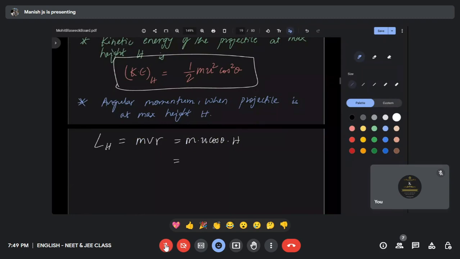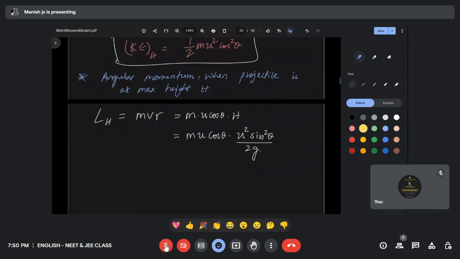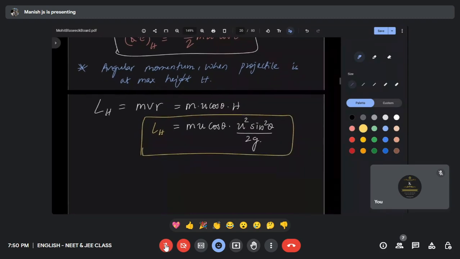So I'm going to substitute the values. I will get mu cos theta times the maximum height formula, which we just wrote as u squared sine squared theta upon 2g. So this is the complete formula for angular momentum at a height h. So like this you can get the relation. Okay, so like this you have important formulas that are very useful for us.